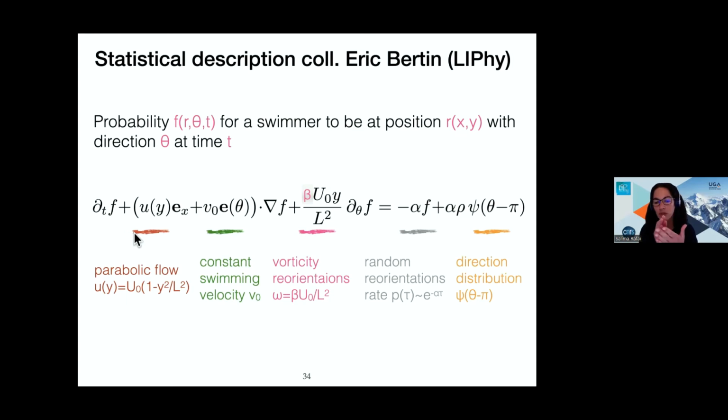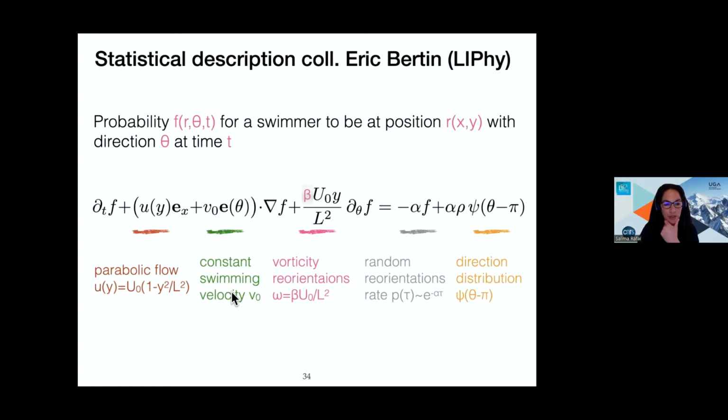You can consider a point-like particle that has a constant swimming velocity. Again, we don't take into account the hydrodynamic feedback on the particles. So there are point-like particles with constant swimming velocity, subjected to a parabolic flow, so they are transported by this parabolic flow.